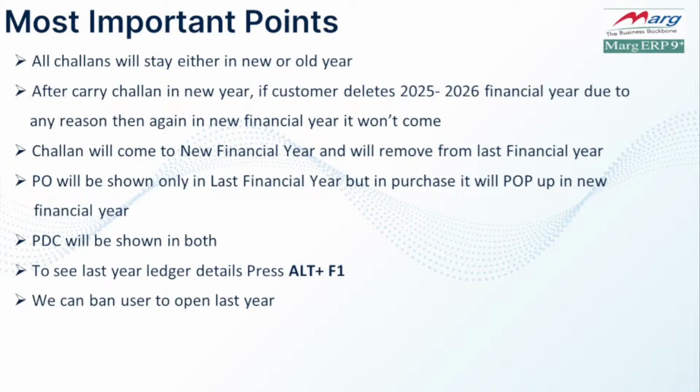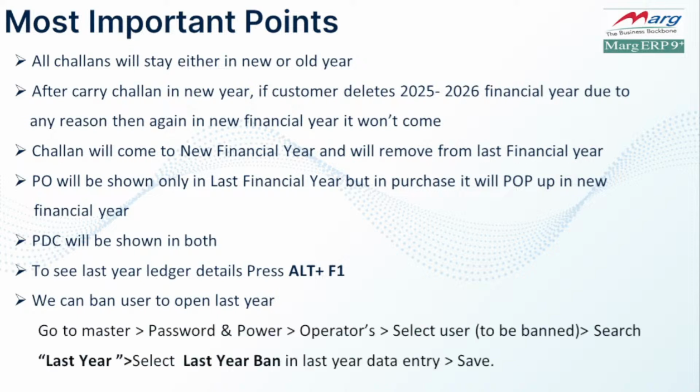We can also ban users from opening the last financial year. If you want that your user should not access the last financial year data, you can easily do that by just going to password and power operator. Select the operator which you want to ban from last financial year access. Just search for last year ban and save the entry.